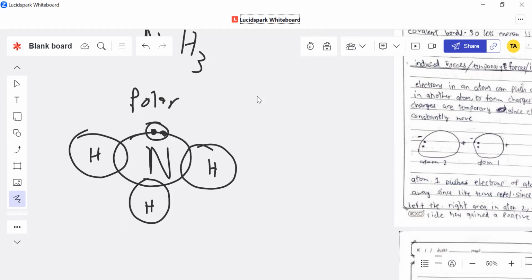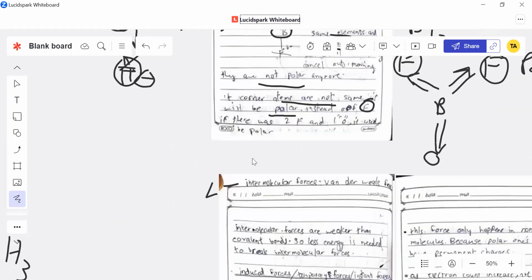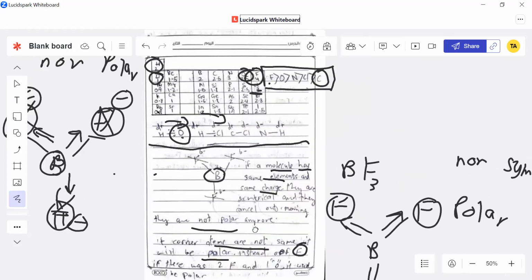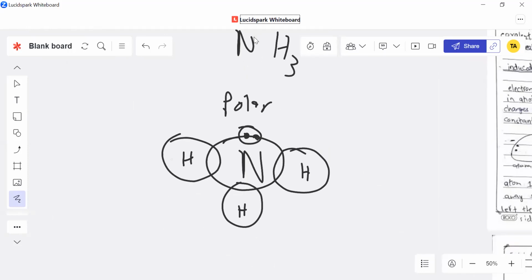Which is more electronegative, nitrogen or hydrogen? Nitrogen is 3, hydrogen is 2. So nitrogen will pull electrons towards itself. But because of this lone pair, the charge difference would be different.